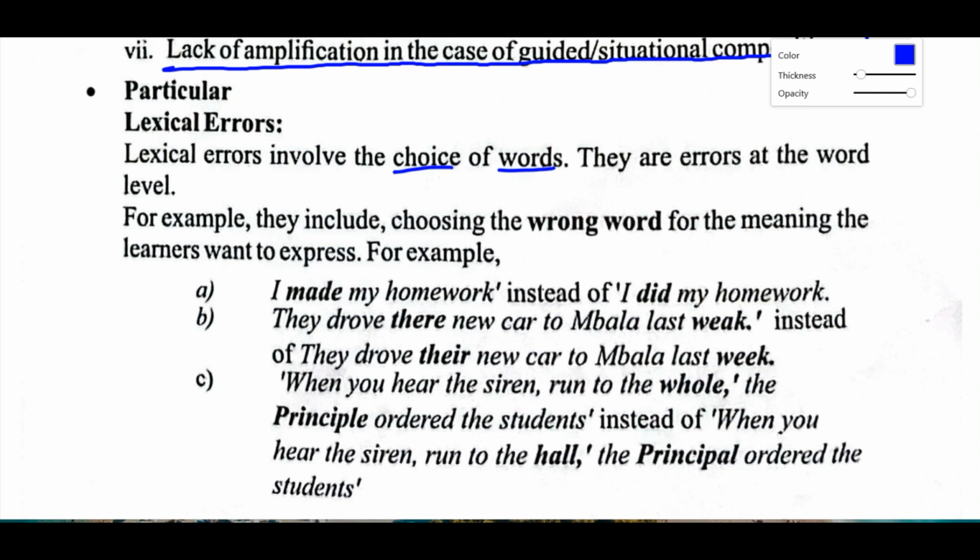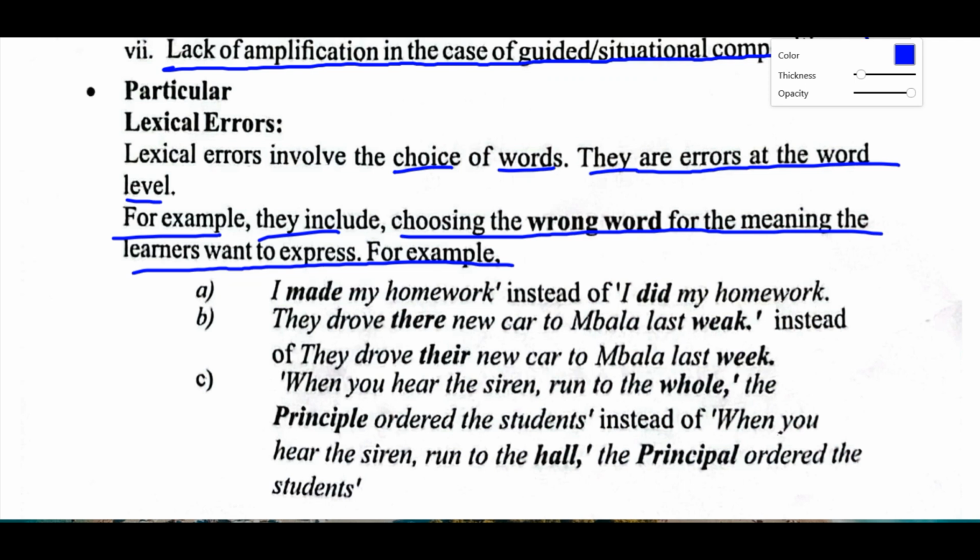We say these are errors at the word level. For example, they include choosing the wrong word for the meaning the learners want to express. There are times where the grammatical sentence is correct, but the meaning is not in line with what you want to write.